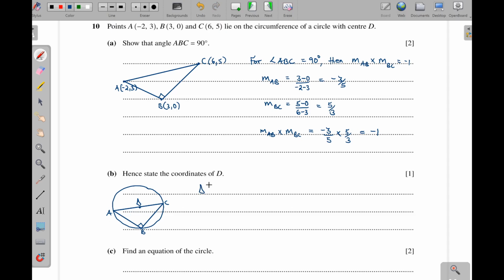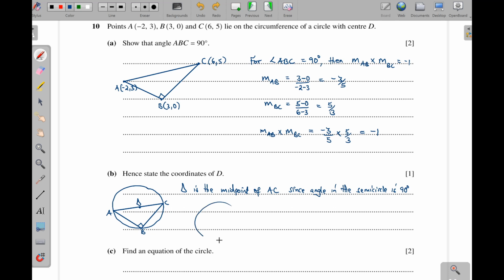So I will say D is the midpoint of AC, since angle in a semicircle is always 90 degrees, or angle subtended by the diameter at the circumference of a circle is 90 degrees.